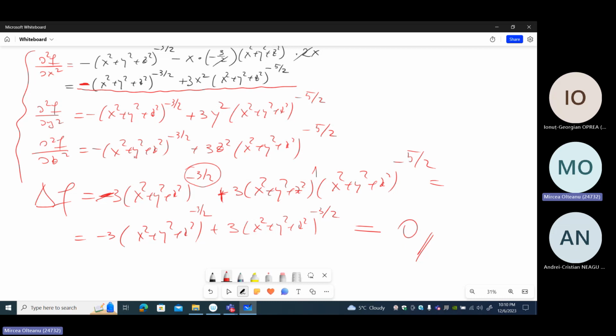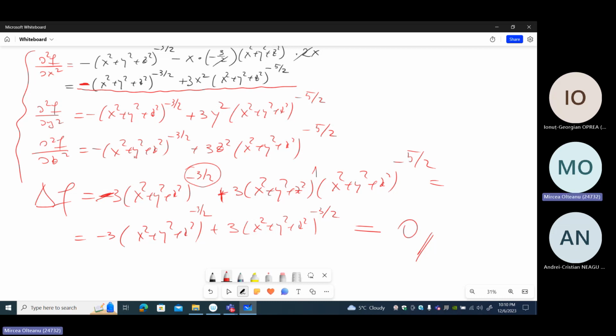Yes. So please, again, the function is harmonic because of the symmetry. Yes, harmonic functions have a symmetry always in the variables.